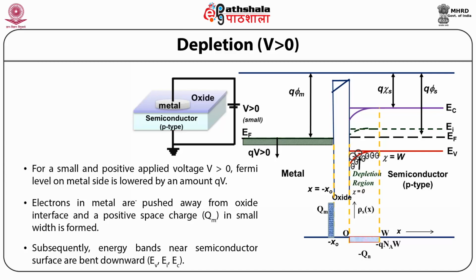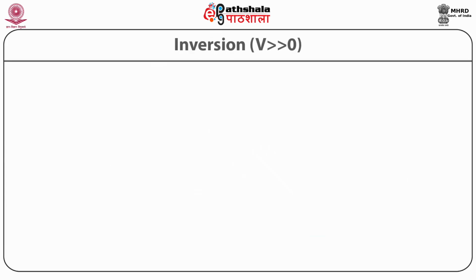Now, equivalent to the breadth of this depletion region, we have the height of this electron accumulation at the metal oxide interface corresponding to QM.